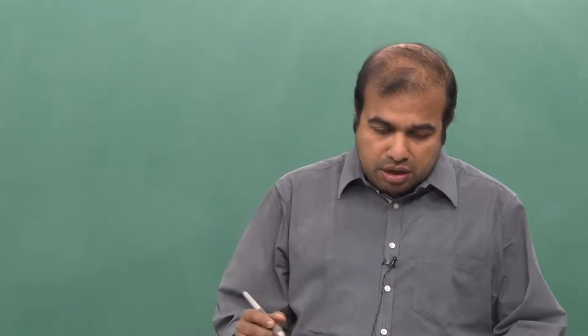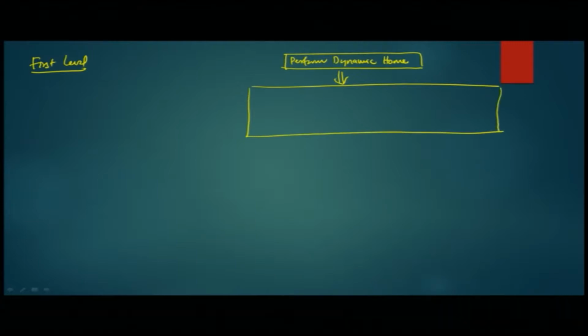So for that, if you want to do a functional diagram, you can say the first level, perform dynamic home as your first function, and for the time being you can say your component functions as your second level, where it should always remain in communication throughout.